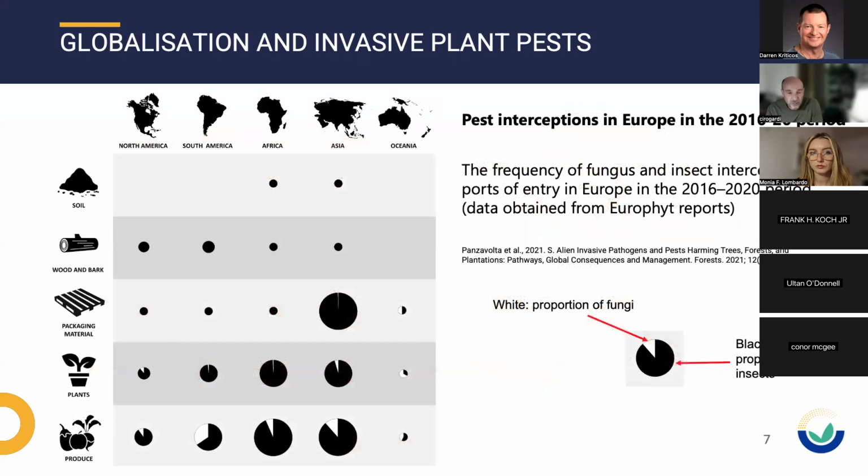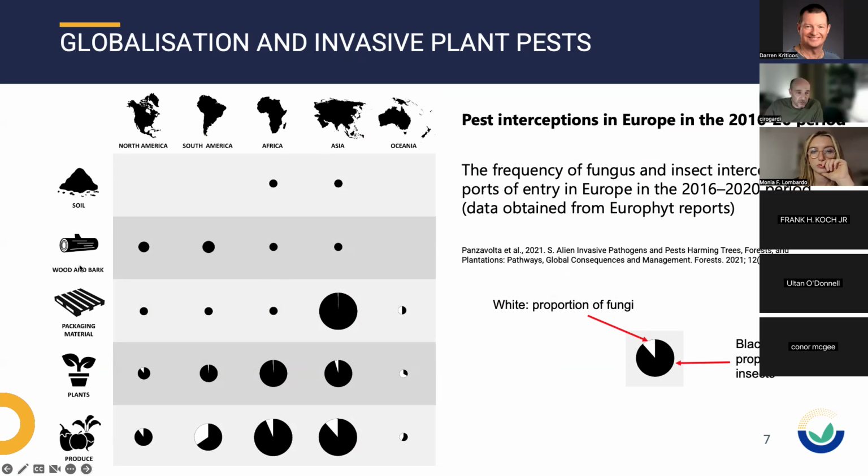It's interesting to analyze, and these are data from Eurofit. Eurofit is the database that was used in Europe, and is still used, but now there is another system in place for the interception. So in this graph, the column represents a different geographic area where the pests that have been introduced in Europe originated.